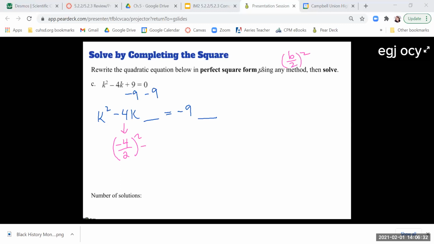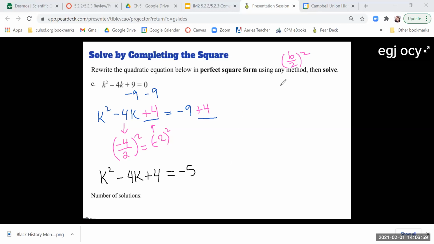So -4 over 2 is -2. So -2 squared is plus 4. So I'm adding 4 on both sides of this. So now I have the equation k squared minus 4k plus 4 equals -5.